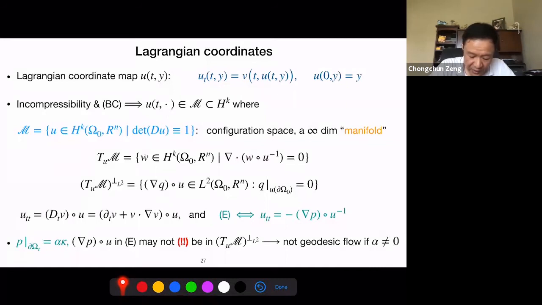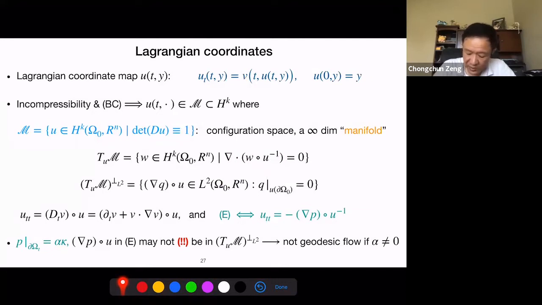So if you equip this with the L2 metric and embed this into the L2 space, then look at its orthogonal complement. This tangent space is actually bigger than the tangent space in the fixed boundary case because there is no non-slip boundary condition. So this is a bigger tangent space, then its orthogonal complement is smaller.